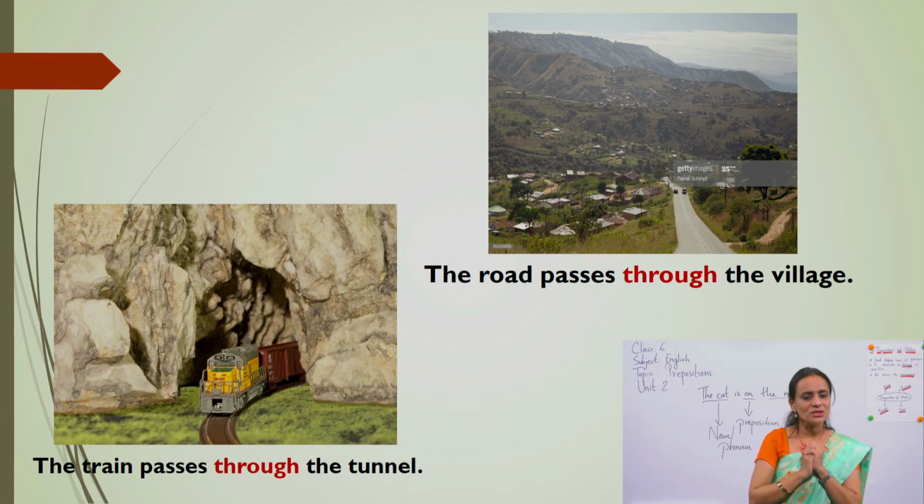Here also there is a train, but it is going through something, and that something is the tunnel. So we use through to go from one side to another, but in something.